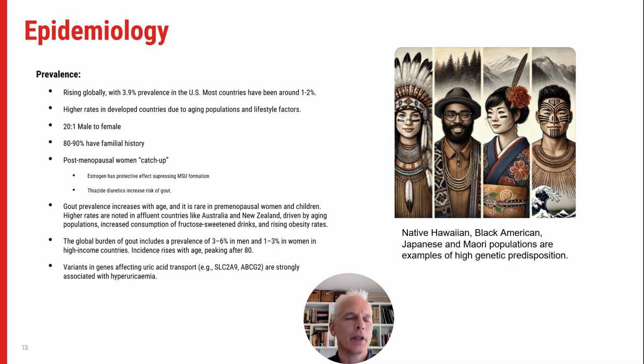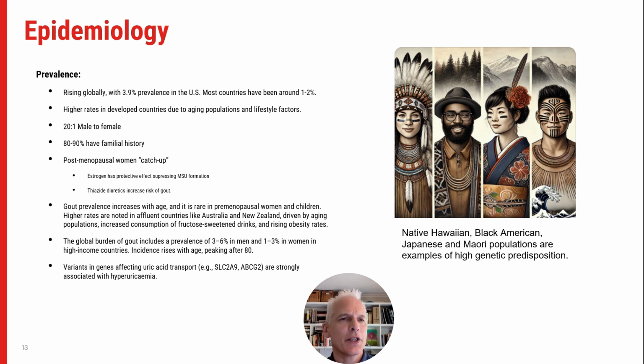Let's talk about epidemiology. So the rates of gout are increasing globally, and there's a number of reasons why this is the case. In the US, it's certainly increasing more, and I'm going to comment on that in a second. Most countries have around about 1 to 2% of the population suffering from gout.